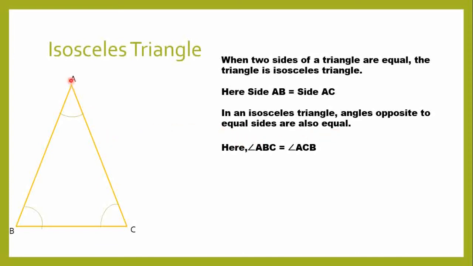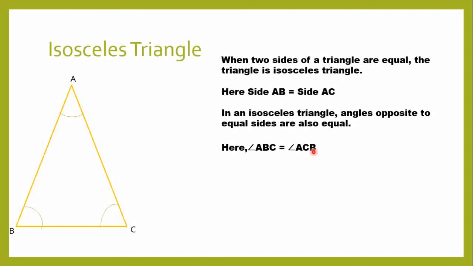So in this triangle, side AB is equal to side AC, and the angle opposite to side AB is angle C, and the angle opposite to side AC is angle B. So angle B will be equal to angle C. So angle ABC, this angle, will be equal to angle ACB, this angle, because in an isosceles triangle, the angles opposite to equal sides are also equal, right?